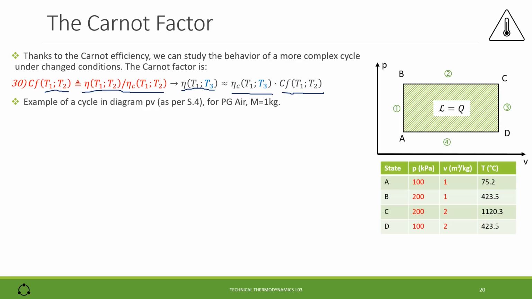The remaining states also have the given values. The maximum temperature we find for the point C, 1120.3 degrees. R is 287.1, CV 717 and CP 1004.1 joule over kilogram per Kelvin. This is for the perfect gas air.